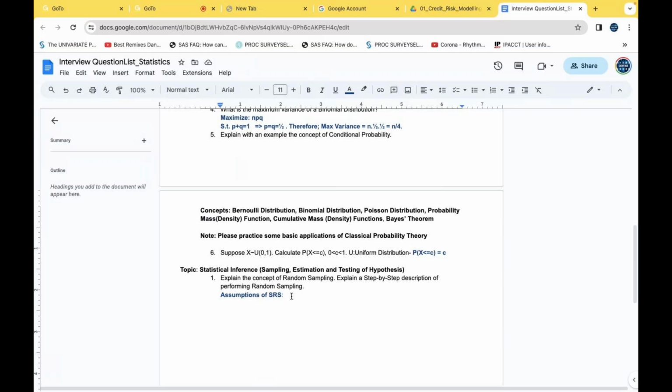However, if my sample size is very small and restricted, or I want to create multiple random samples, I can use a simple random sampling with replacement, right?